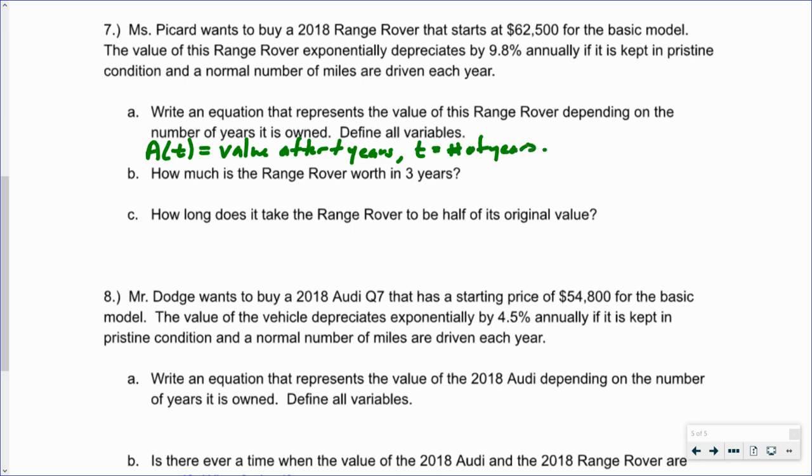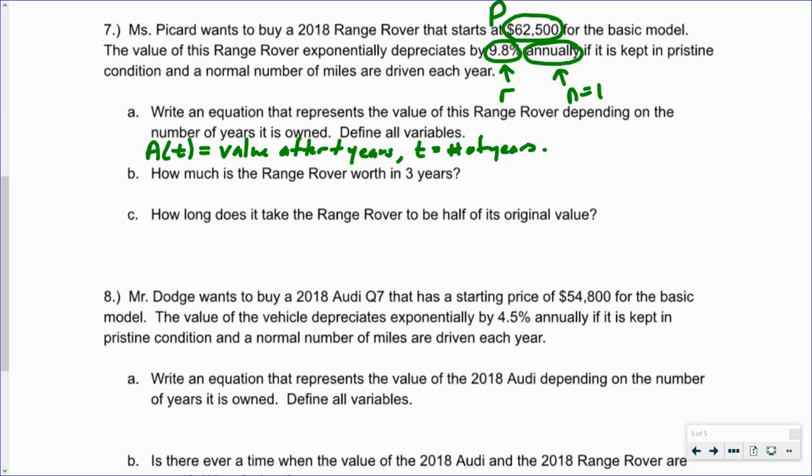What we also know is that the principal amount, the initial value of the car, is $62,500. We know that the rate at which it's depreciating is 9.8%, and we know n has to equal 1 because that's the number of times that the rate is compounding. It's compounding annually, that's 1. If this said quarterly, n would equal 4. If this said monthly, n would equal 12. So you have to make that decision based off of the context of the problem.